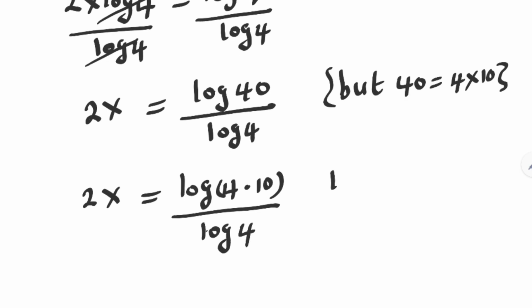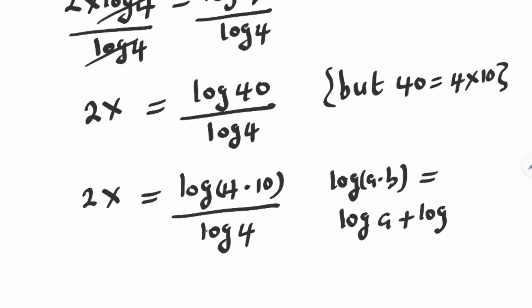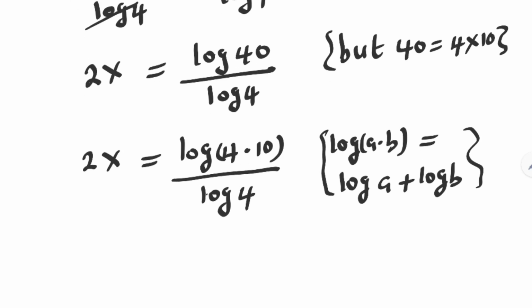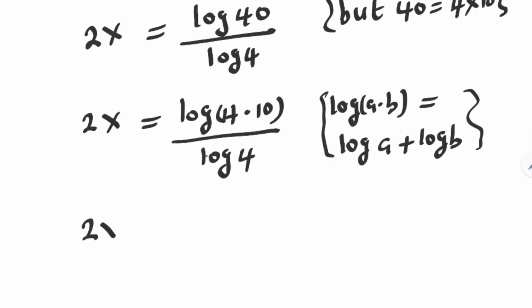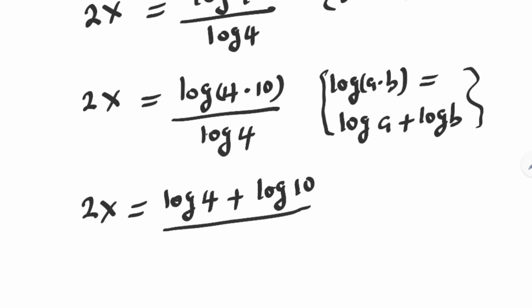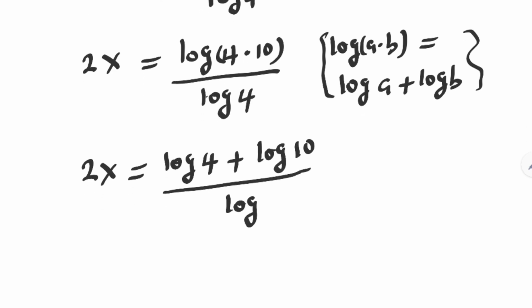If you have log a multiplied by b, this is equal to log a plus log b. 2x is equal to log 4 plus log 10 divided by log 4.